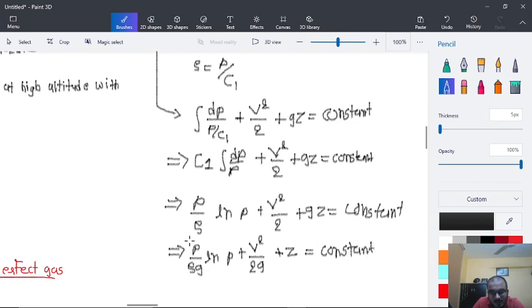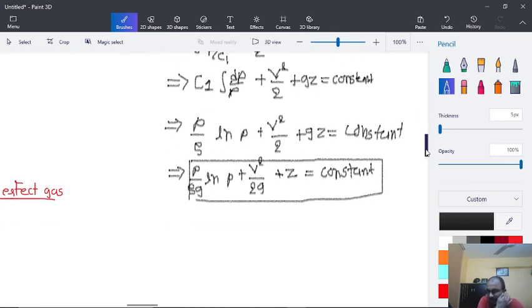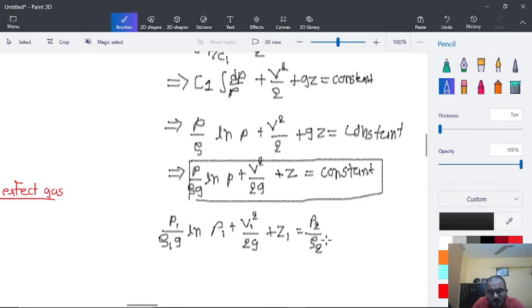So this is the final equation for the isothermal process, and we can also write this for two different points in compressible flow, that is P1 by rho 1 G ln P1 plus V1 square upon 2G plus Z1 is equal to P2 by rho 2 G ln P2 plus V2 square upon 2G plus Z2.